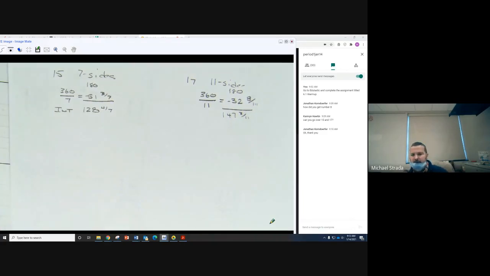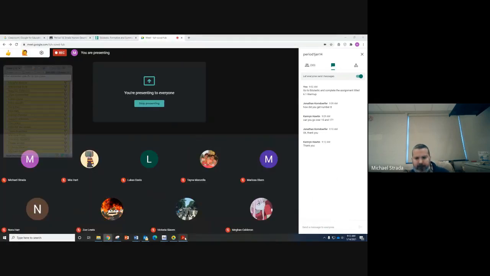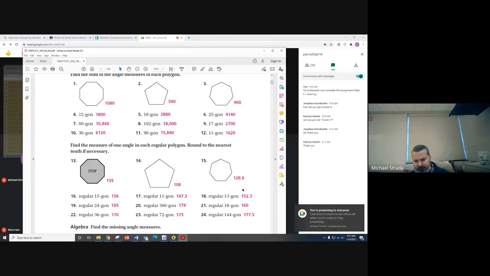So there's 15 and 17 working with fractions. No problem. All right. Any others from that group? Good.